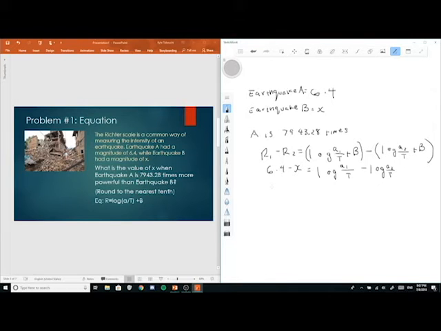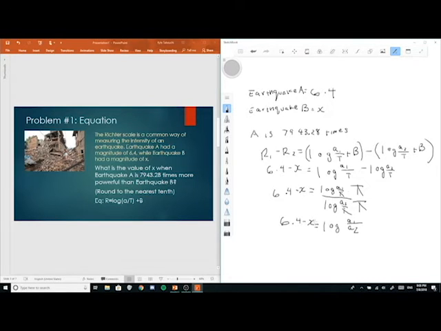So we will keep this the same: 6.4 minus x is equal to the log of A1 over T over A2 over T. We can right away see that there is a T in the denominator, and we can cancel that out by multiplying by T on both the numerator and the denominator, which would leave you with the logarithm of A1 over A2. That would be 6.4 minus x. There we go.